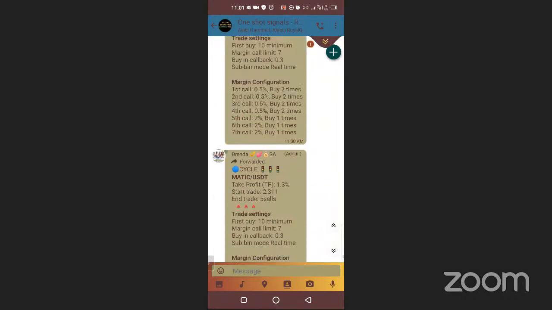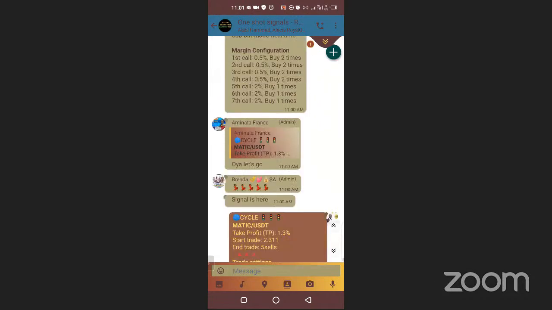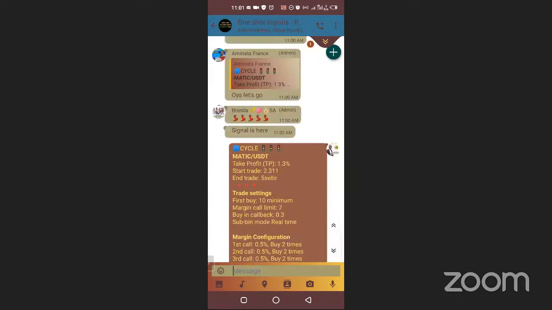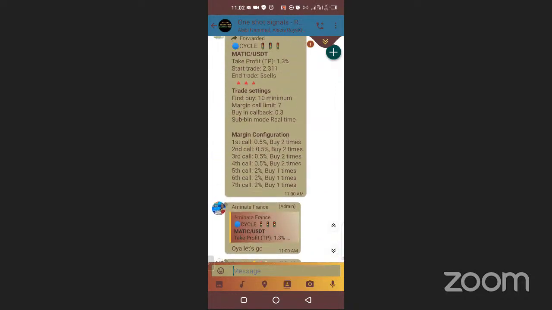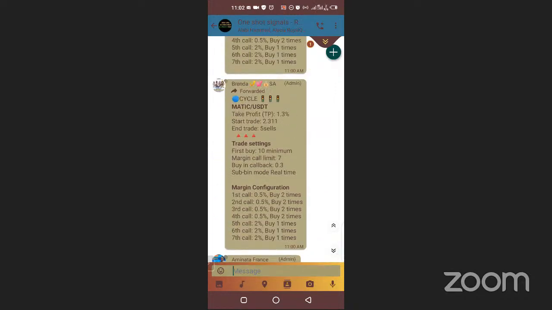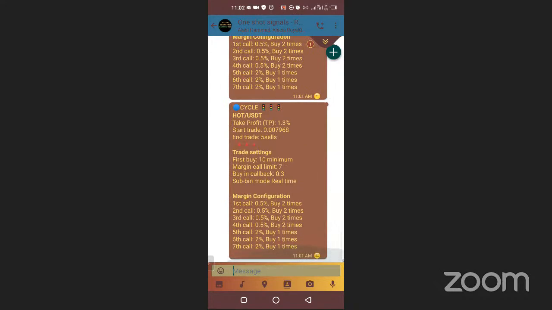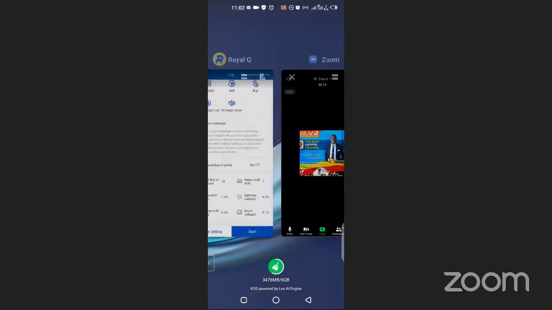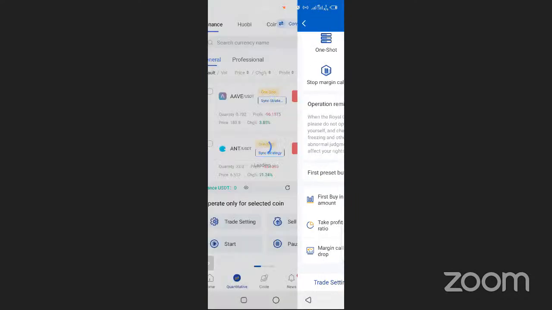Aminata has already shared them here. All right, so when you receive the signal, then you need to set. So for example, according to this signal that I've released now, I want also to share this.